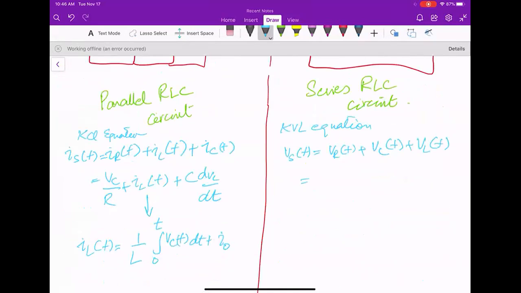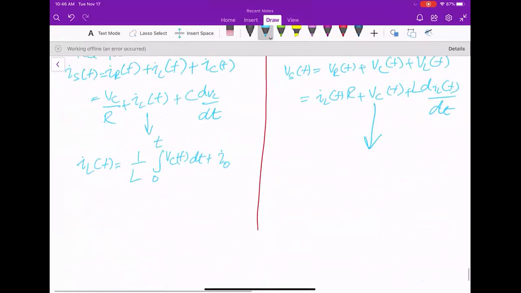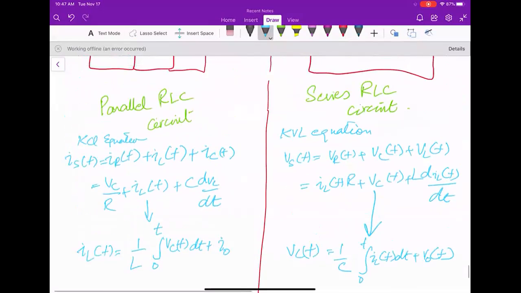So I'm just writing it as IL of t times R plus VC of t, and this will be L dIL of t by dt. Now this VC of t is equal to 1 by C integral from 0 to t of IL of t dt plus the initial voltage. Okay, sounds good?